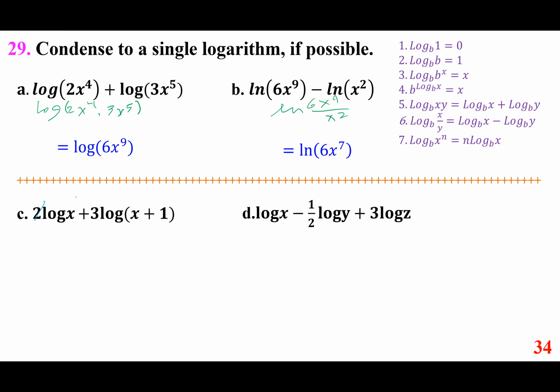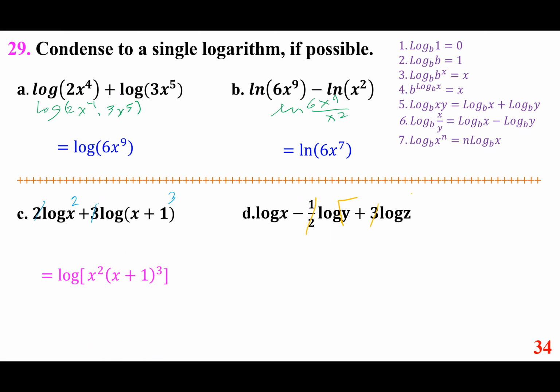In this case, we get rid of the 2, we put it here. In this case, we get rid of the 3, we put it here. And now we use the product rule, the reverse process. We multiply them together. In this case, we get rid of this and we make this square root.